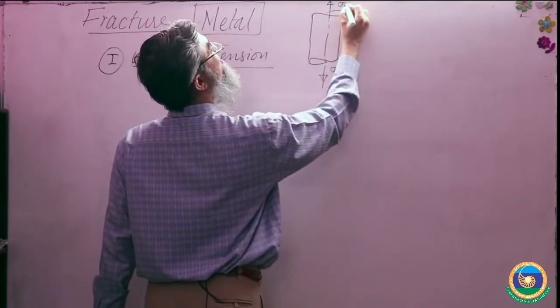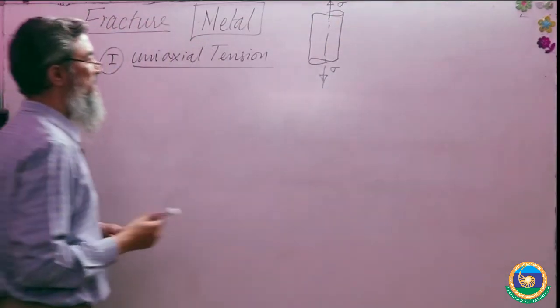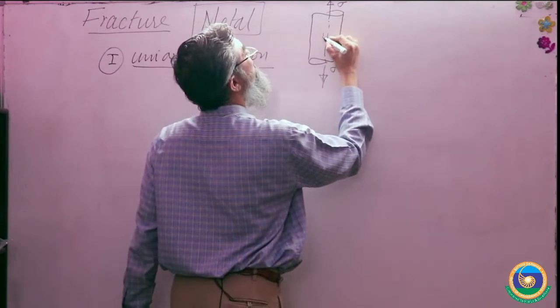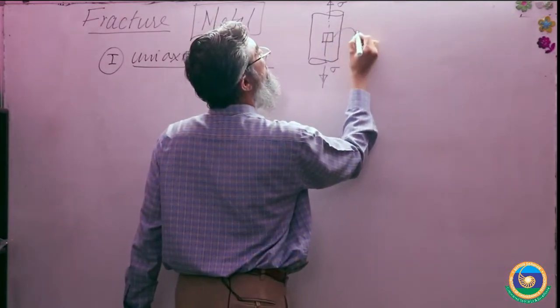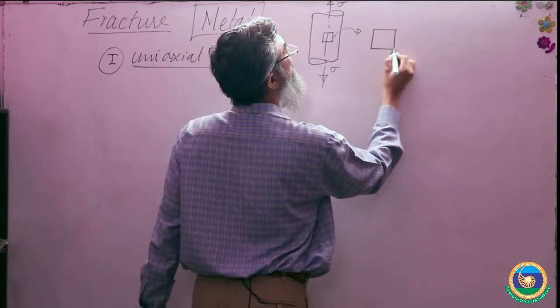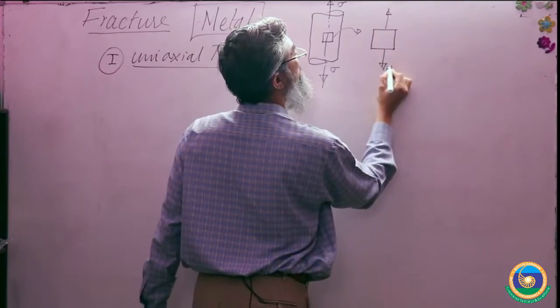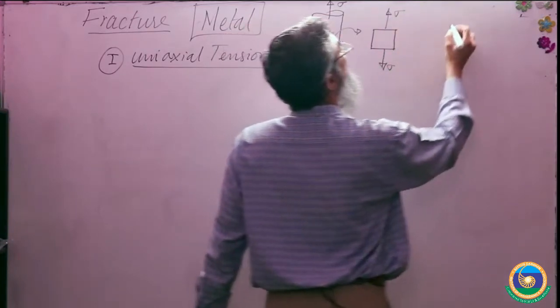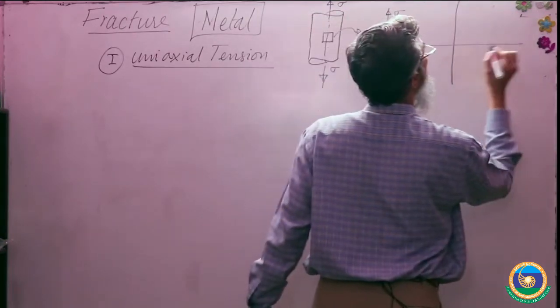Say sigma and sigma. First thing we will be doing is finding out what the stress state is. We will take out an element from here. So this is one element and it is under tension, sigma, in the y direction. So let us draw the Mohr circle of this, right?